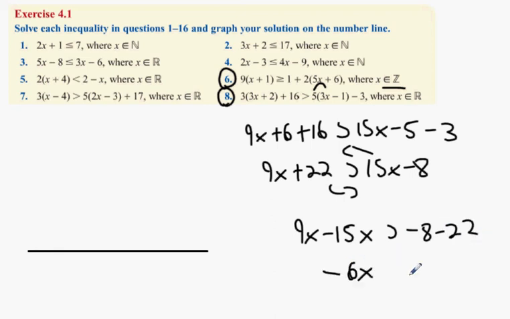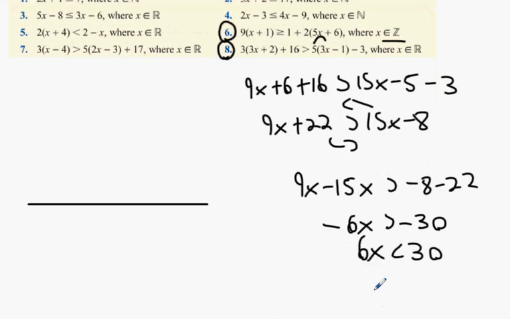Minus 6x greater than minus 30. Multiply both sides by minus 1. The trick. 6x less than 30. X less than 5. All the numbers that are smaller than 5, fractions and decimals included, because it's an R, not a Z. Is that right?